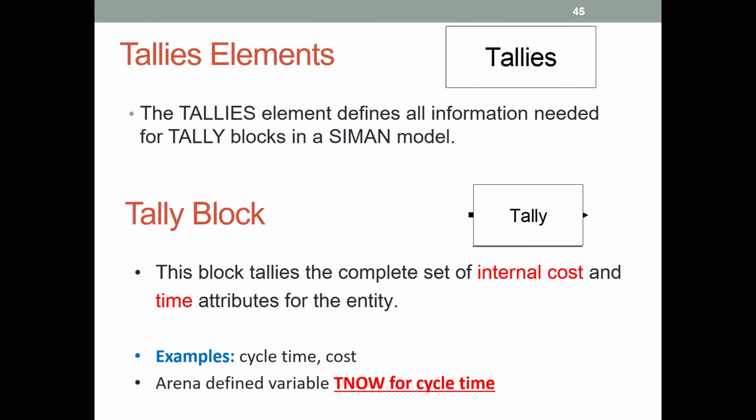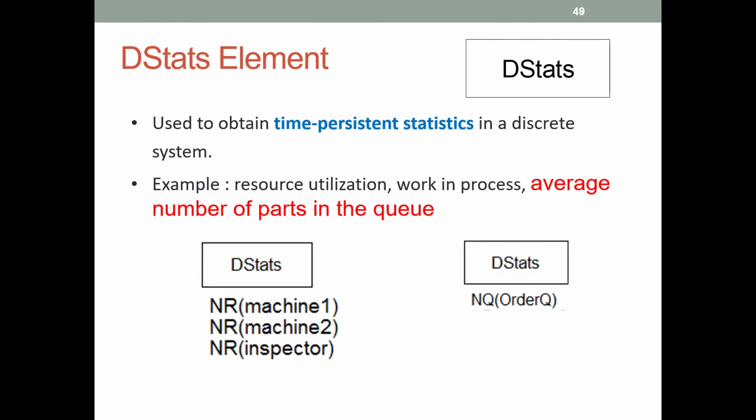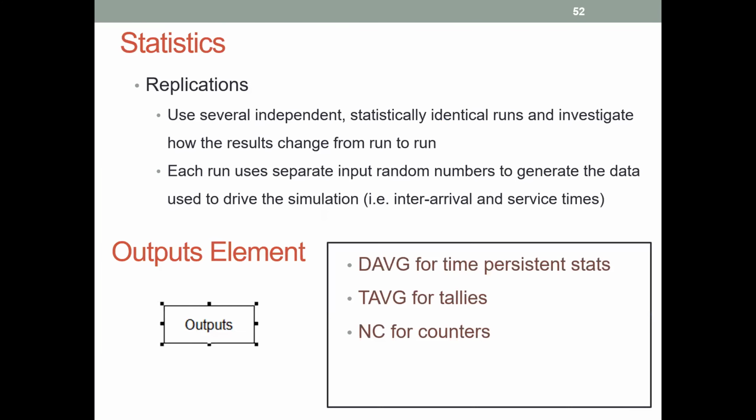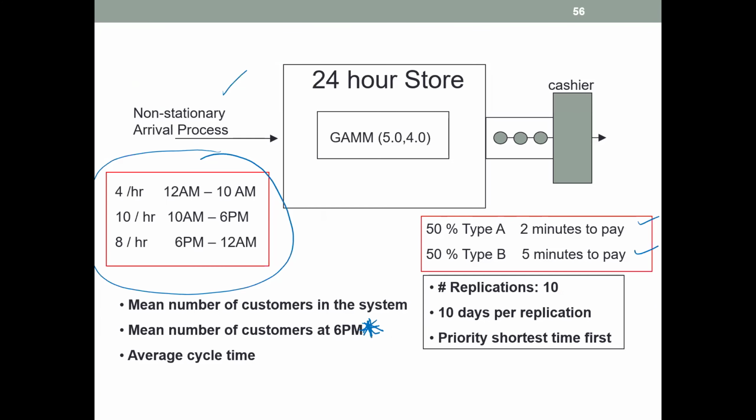Okay, so let's look into the model for today. This is the example that we are going to code. Essentially, what we have is a 24-hour store in which customers are going to arrive following a non-stationary arrival process, meaning that you're going to have different arrival patterns throughout the day.